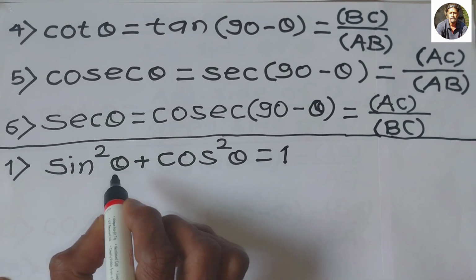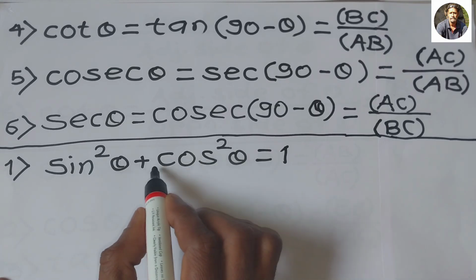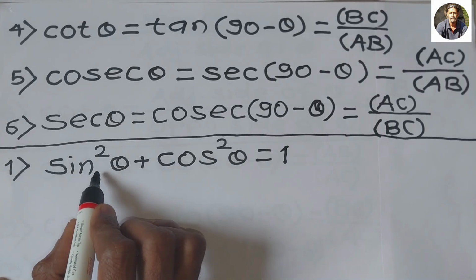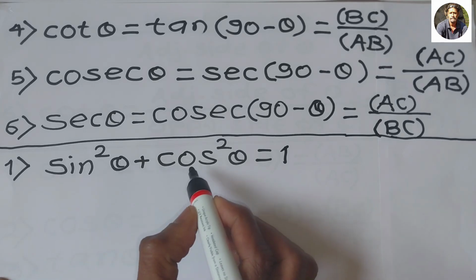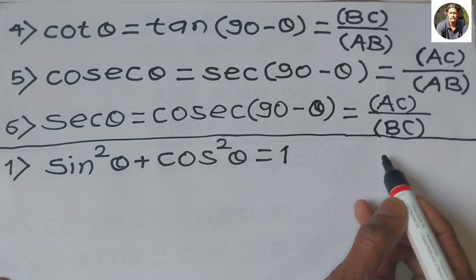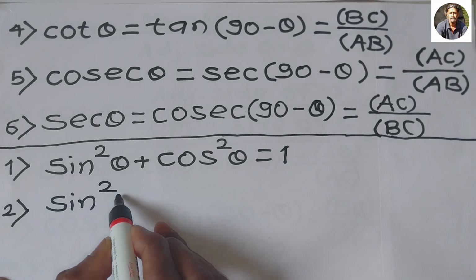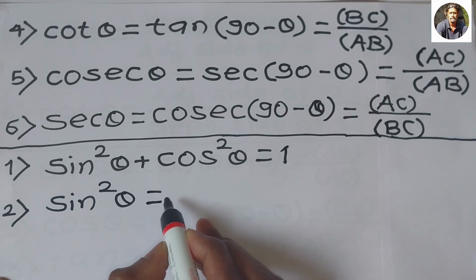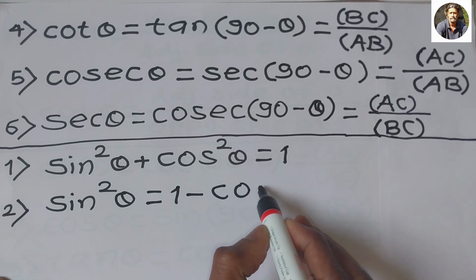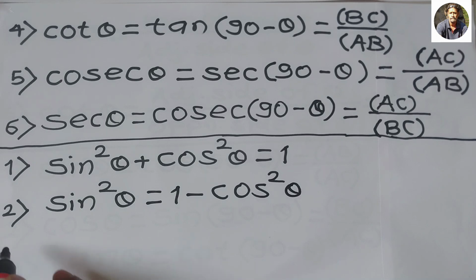Look here, sin²θ we keep as it is, and when we take this plus cos²θ to the right side, it becomes minus. So sin²θ is equal to 1 minus cos²θ.